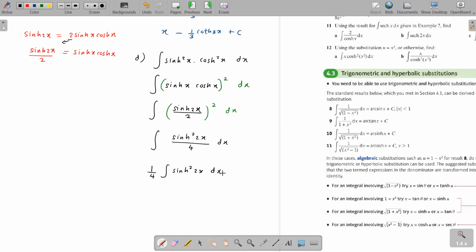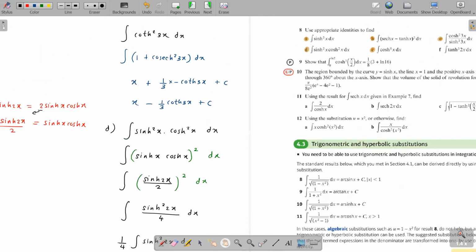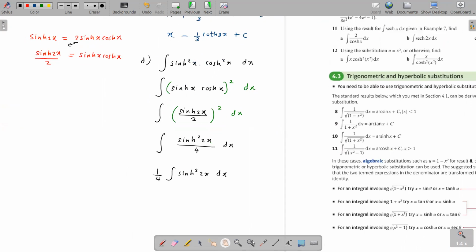So how do we integrate sine square 2x? We previously did integration of just sine square x, right? When I have just sine square x, we use the help of the cos double angle rule. Okay, so similarly here, when we have sine square 2x, you know the cos double angle rules. Now we wrote cos 2x is 1 minus 2 sine square x, right? Whatever the angle you have here, it's doubled on the other side.